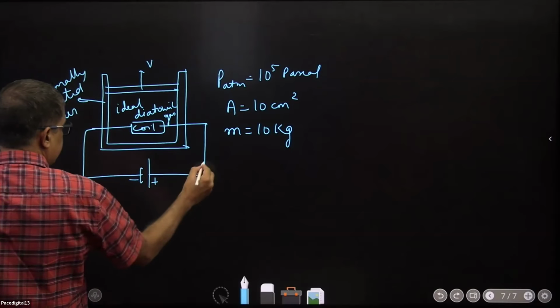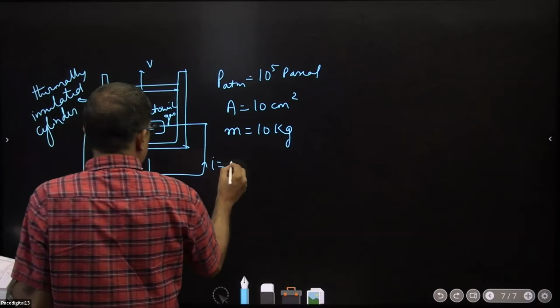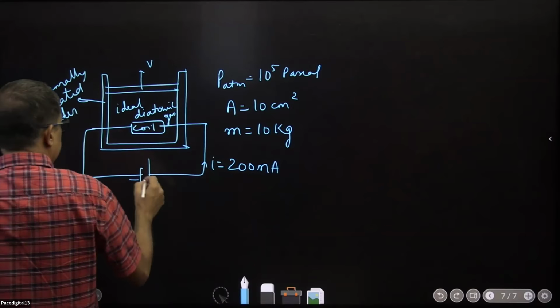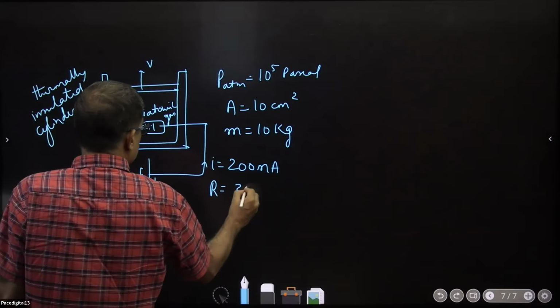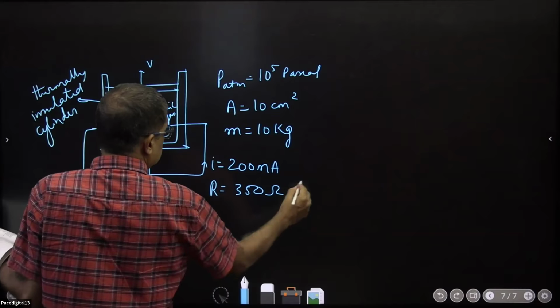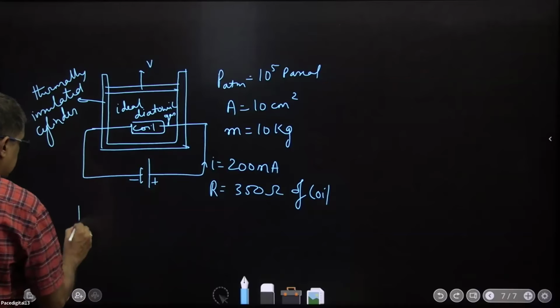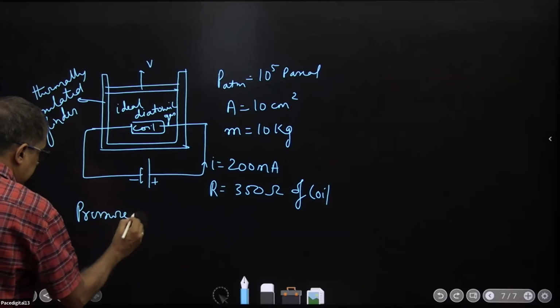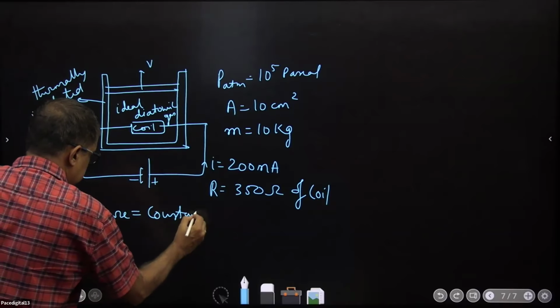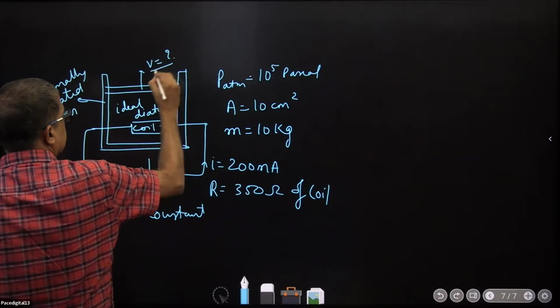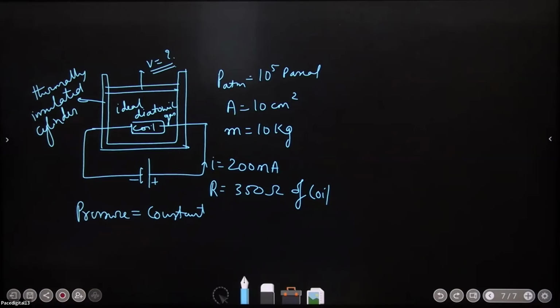A current I of 200 milliamperes exists in the coil, which has a resistance of 350 ohms. If the pressure of the gas remains constant, what should be the velocity of the piston in centimeters per second?